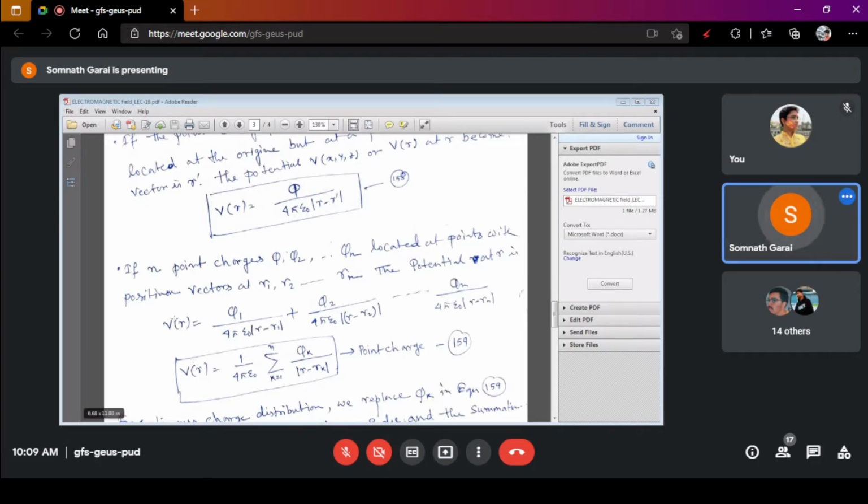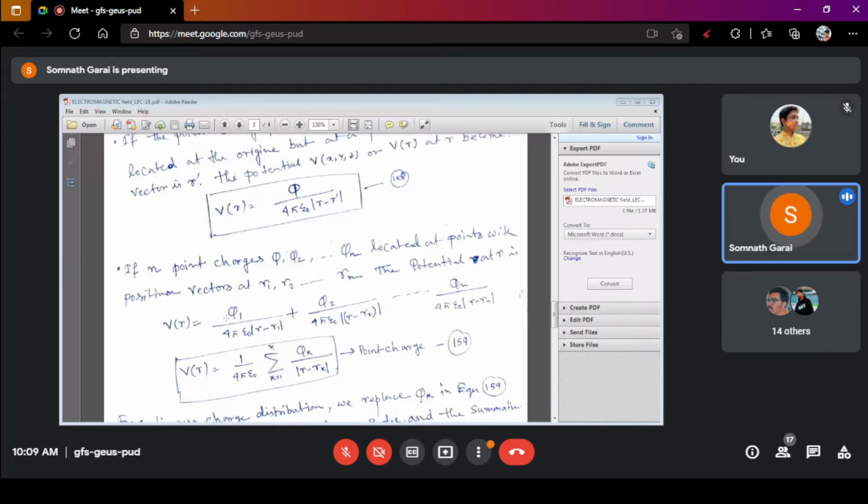Okay, so V of r is equal to q1 divided by 4 pi epsilon naught mod of r minus r1, plus q2 over 4 pi epsilon naught mod of r minus r2, plus q3 over 4 pi epsilon naught mod of r minus r3, and so on up to qn over 4 pi epsilon naught mod of r minus rn.